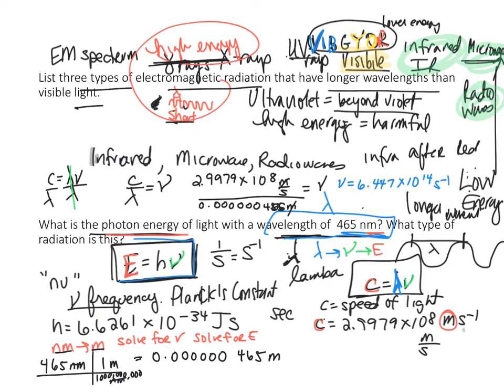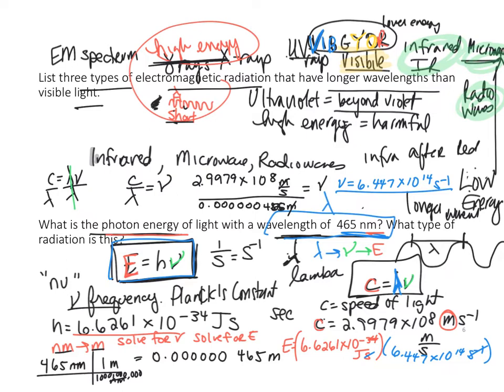And now I can put that in this equation where I have E equals Planck's constant, 6.6261 times 10 to the negative 34 joules times second, multiplied by 6.447 times 10 to the 14th reciprocal seconds. And you see how the seconds are going to cancel out. We're going to be left with joules, which is good because that's what you want for energy.